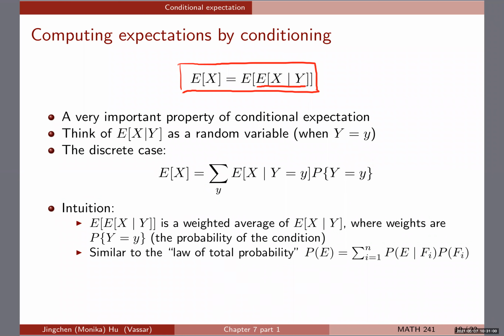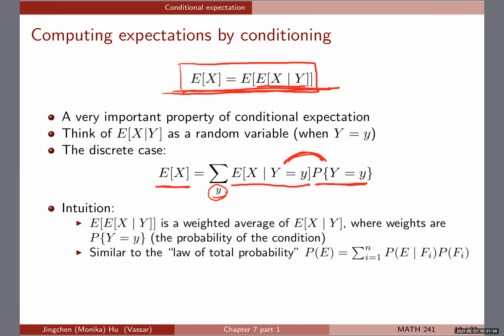For the discrete case, let's not worry about why this is what it is for now, and just think about how we're going to do this. If I'm focusing on the marginal expectation of X, and I happen to know the conditional expectation of X given Y, and I also know the marginal probability of Y, then I sum over all of the possible Y values.